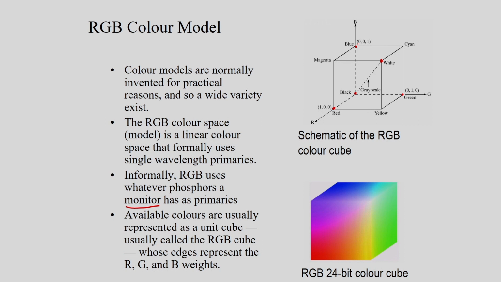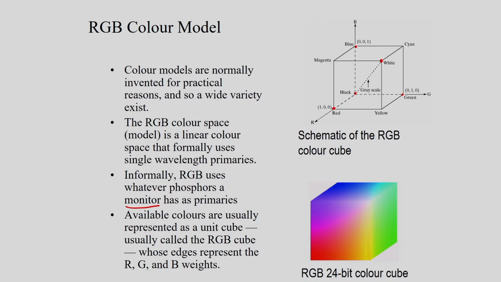Corresponding to the red axis, what is the red point? It is 1 0 0. Corresponding to green, it is 0 1 0, and corresponding to blue, because it is RGB, it is 0 0 1. Those coordinates you can see in the RGB cube, and in this case it is the RGB 24-bit color cube. Why is it a 24-bit color cube?